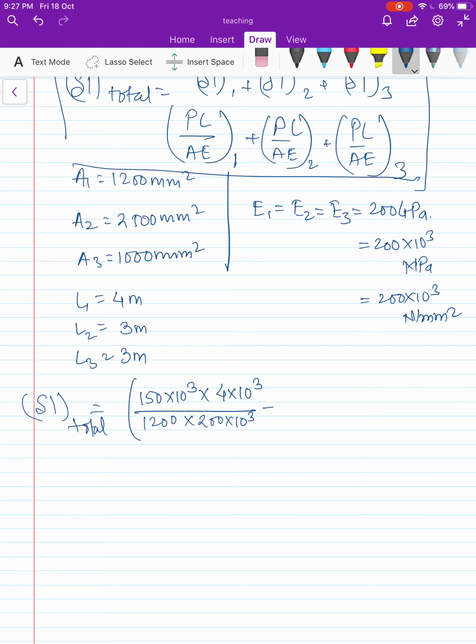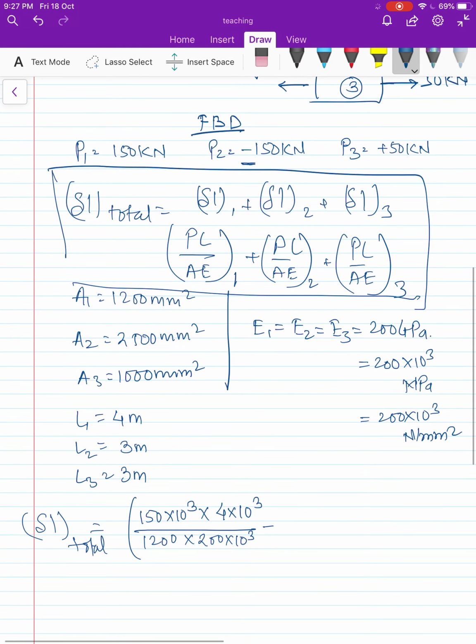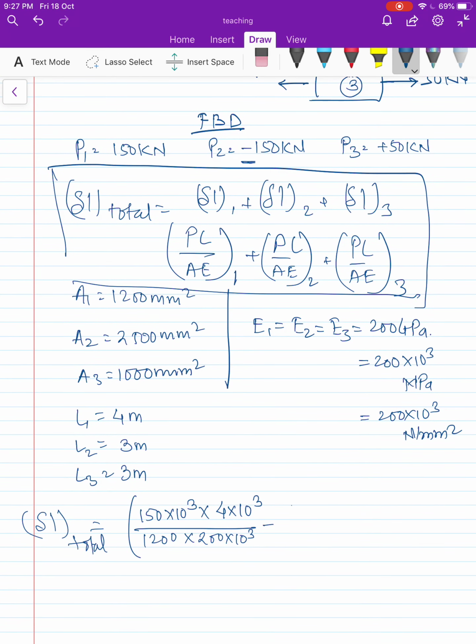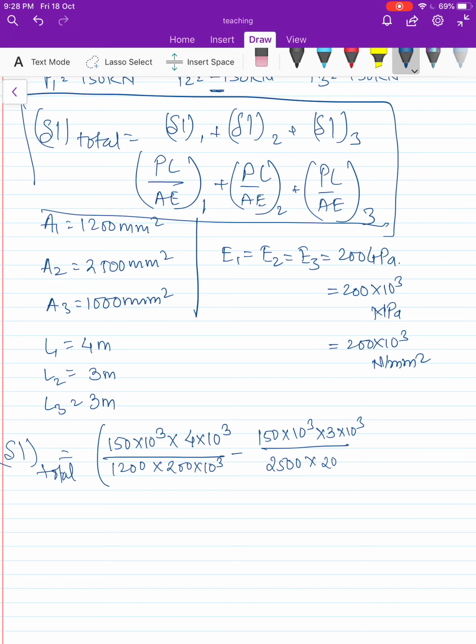Next value, see, the load on the second bar is of compressive nature, so we will use a minus sign for it, and the value of the force is again the same, that is 150 kilonewton. Length is 3 meter, area is 2500, E is again the same, that is 200 into 10 cube.